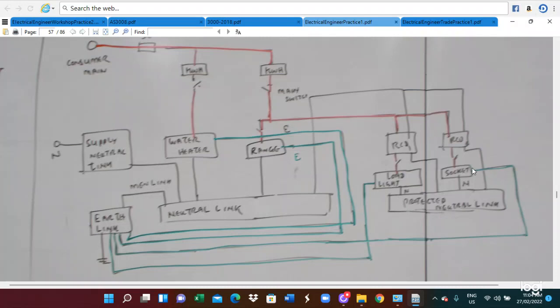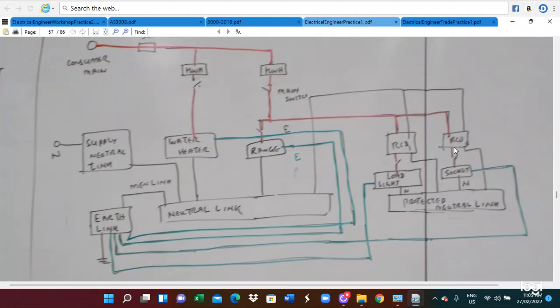This connection is important because every water heater, every electric range, and also loads must be connected to the earth. Our wire is green. All earth wires are connected to the earth link. So the earth link and the neutral links are connected at the main by using the main neutral link.